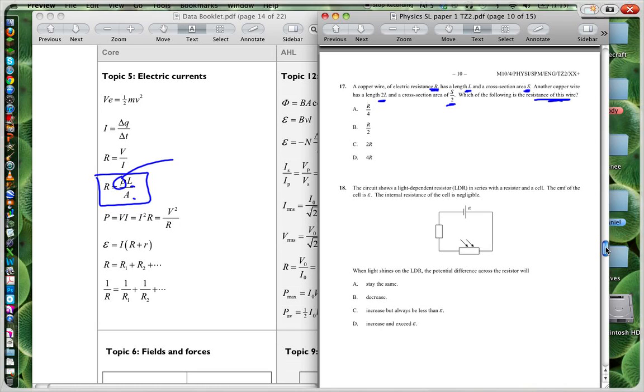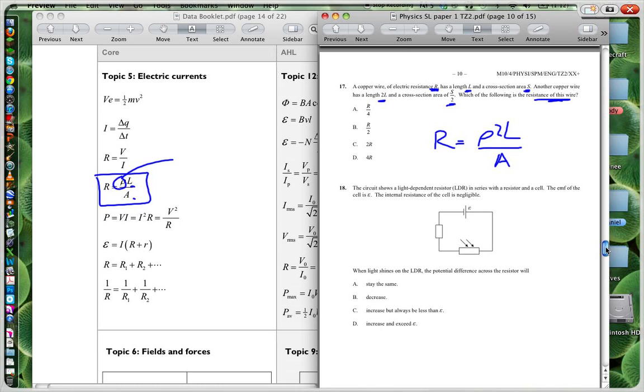So for this one over here, we've got R equals rho L over A. Now we have doubled the length, so we're going to make the resistance twice the amount, but the cross-sectional area is S over 2.